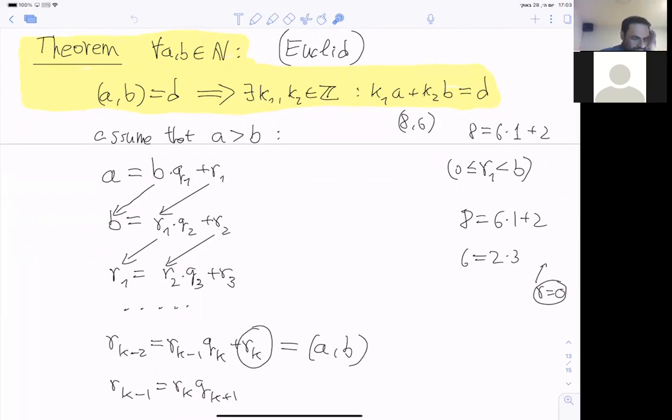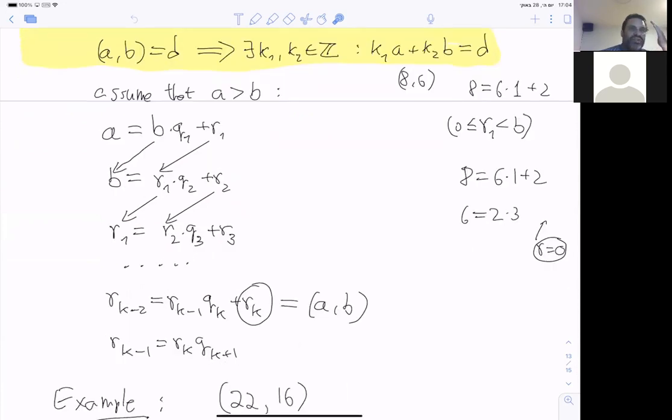So every time, we begin with the greatest one, A. Suppose A is bigger than B. We divide A by B with remainder R1, and then B by R1 with remainder R2, and etc., until, and this process must finish because we are getting smaller integers, so it is bounded by 0, by 1.